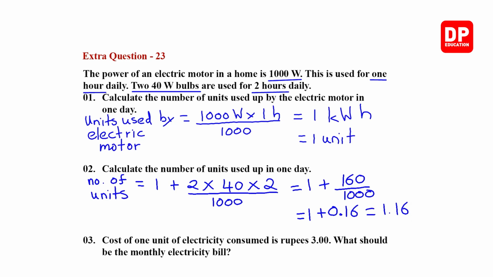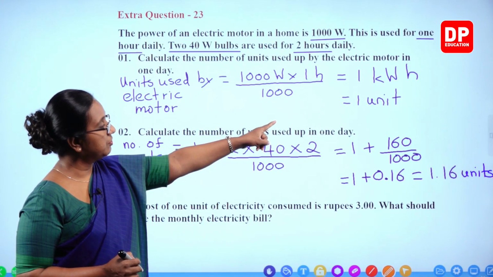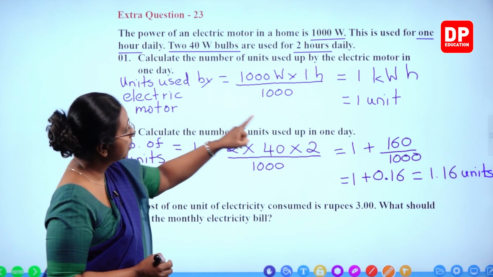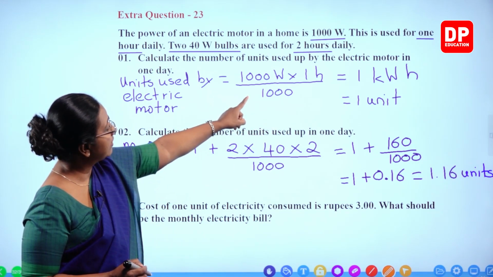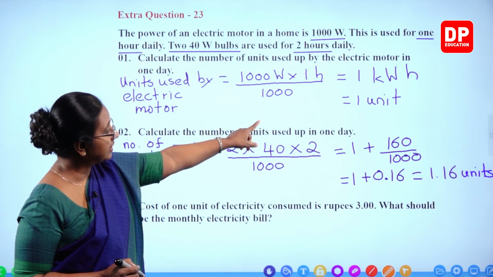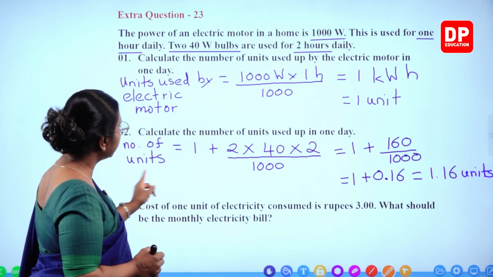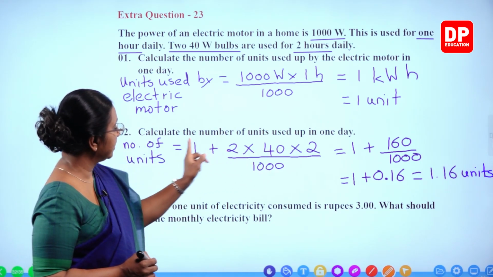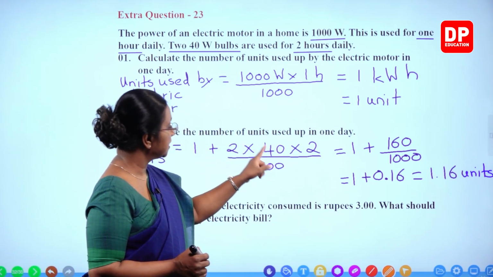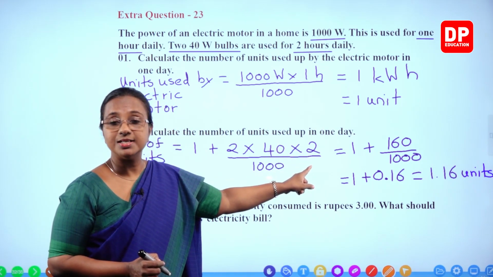Is that okay, students? Initially we calculated the number of units used by the electric motor in 1 day. So that is 1 unit. Why? The power is 1000 watts, it's used for 1 hour daily. You need to divide by 1000 so that you get the answer in kilowatt hours. Then the total number of units used up in 1 day: 1 for the electric motor, then there are 2 bulbs with a power of 40 watts, each one used for 2 hours daily.